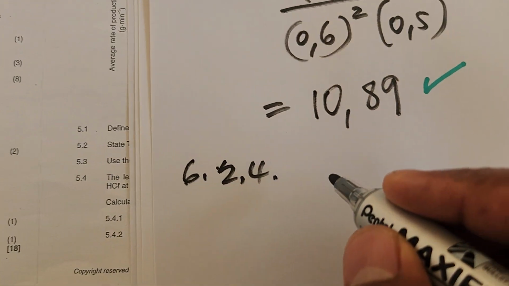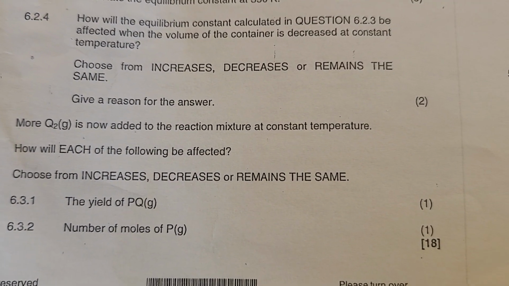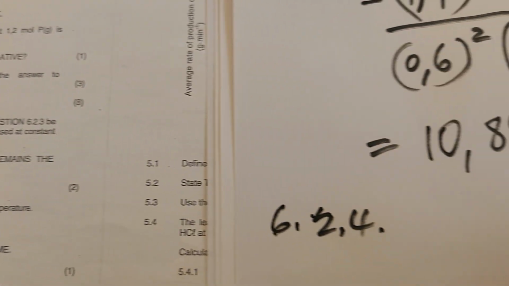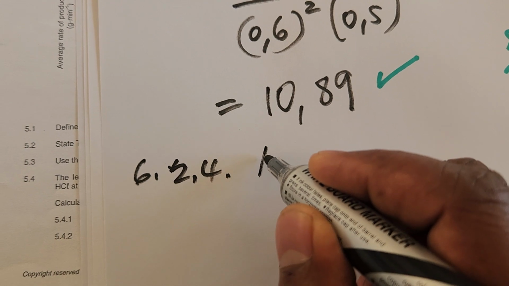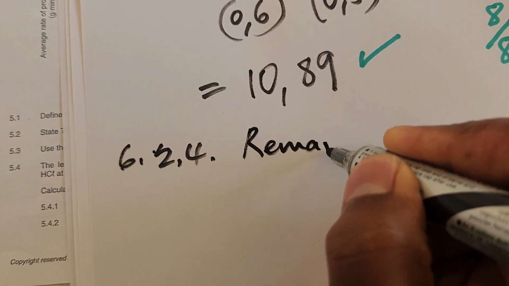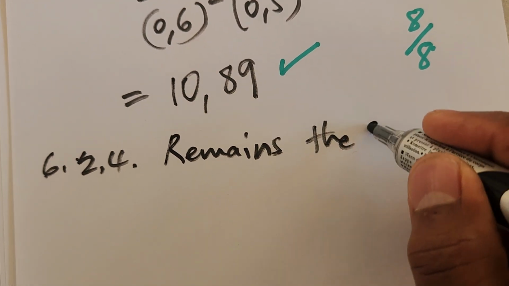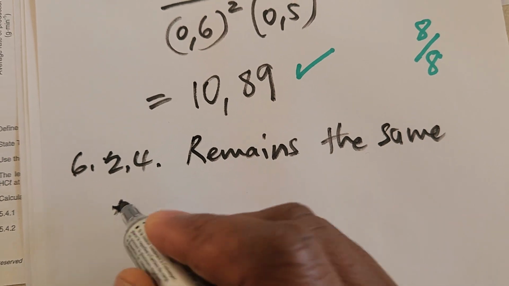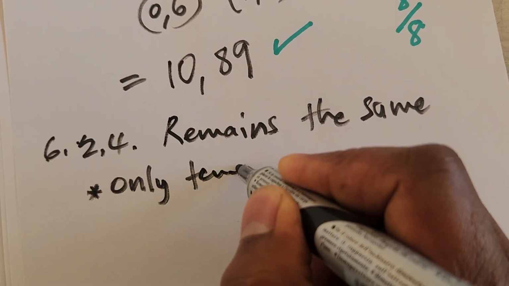They say choose from increase, decrease, or remains the same, and give a reason. As long as the temperature remains constant, therefore Kc will remain the same, because only a change in the temperature affects the value of Kc.